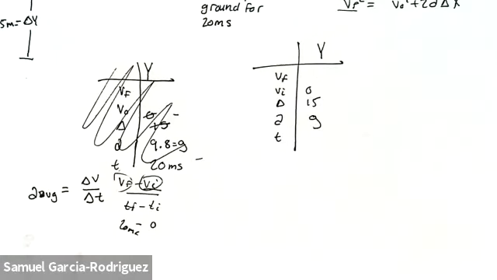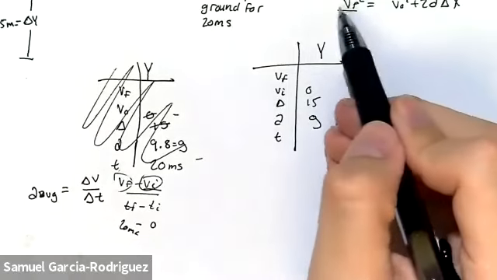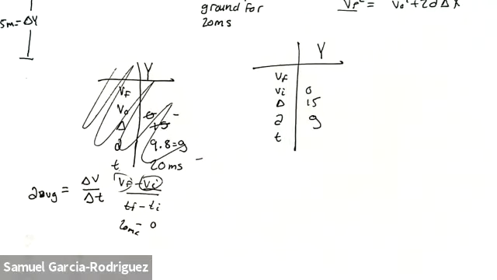Somebody just asked if we're trying to find that instant, that time from where it initially touches the ground to where it squishes and reaches 0, which is exactly what we're trying to do. So this final velocity is going to be that initial velocity from where it first contacts the ground.